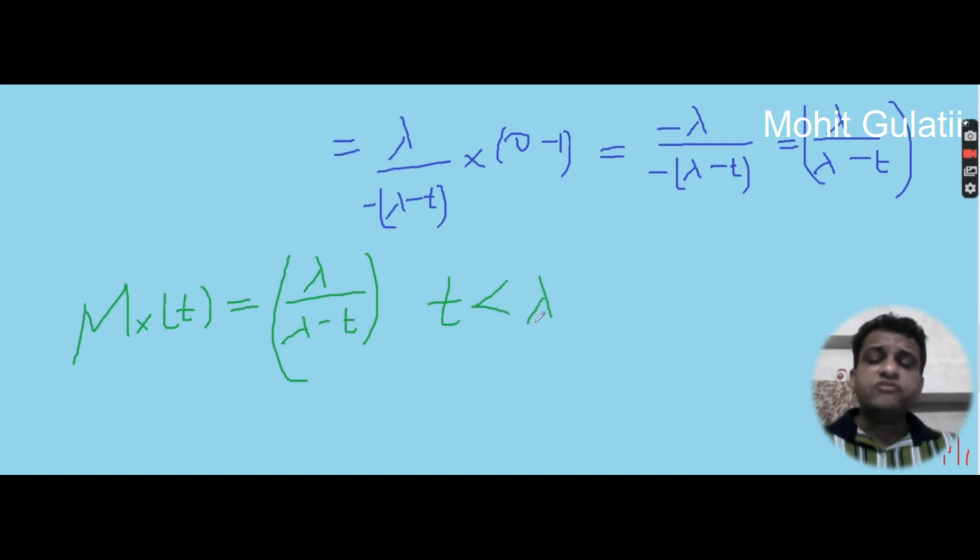At this moment you don't need to go into that much detail. When you solve some more questions on the moment generating function, this point, why the MGF should be positive, will become more clear.